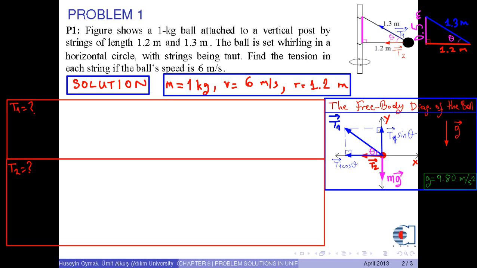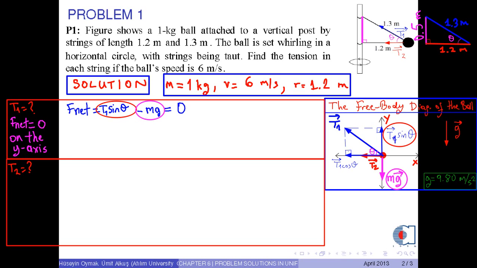In this problem, you see that there is no motion in the vertical direction. So, net force is 0 in the y-axis. So that F net equals T1 times sin theta minus m times g. Then, T1 times sin theta equals m times g.